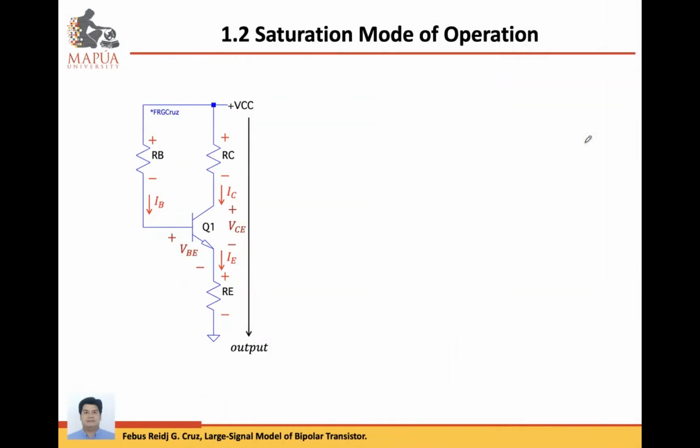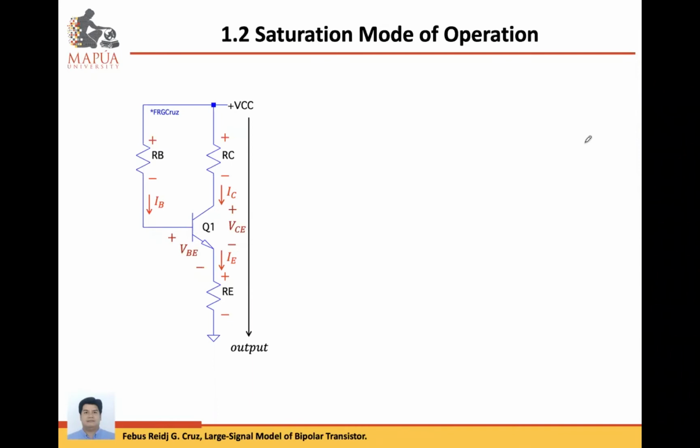Then, after knowing the operating mode, we can also verify the saturation mode. So what do you mean by saturation? Saturation describes the condition wherein the transistor has already reached the maximum current or the maximum voltage.